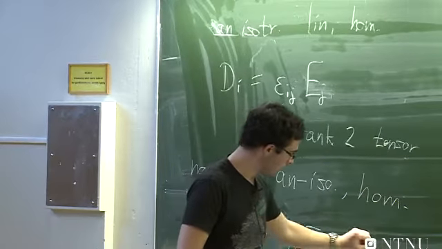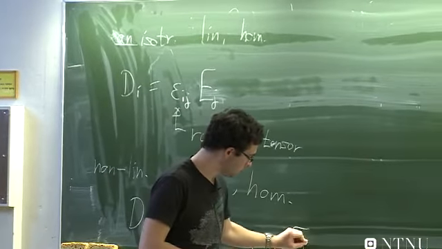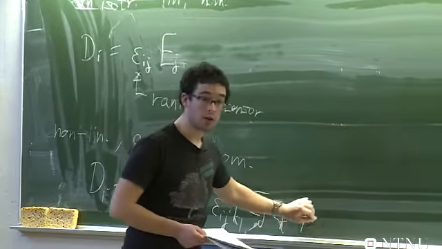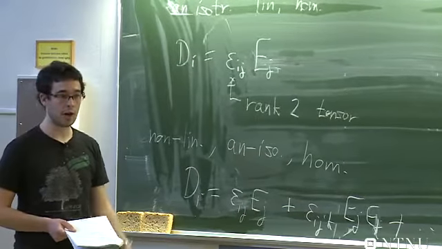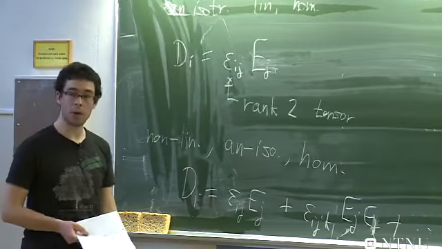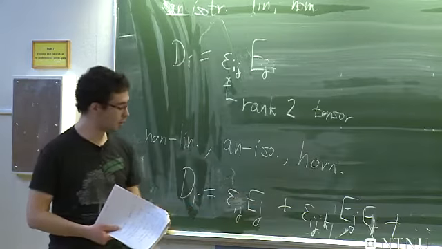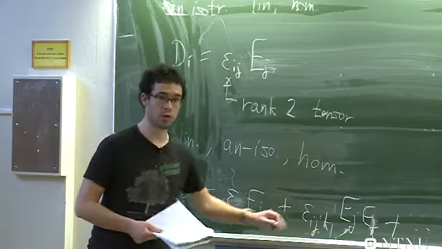And then plus epsilon_ijk E_j E_k, and so on. So you go to as high order as you need in order to capture the dominating behavior of the material. This is, by the way, not the Levi-Civita tensor, but rather the dielectric tensor of second order.